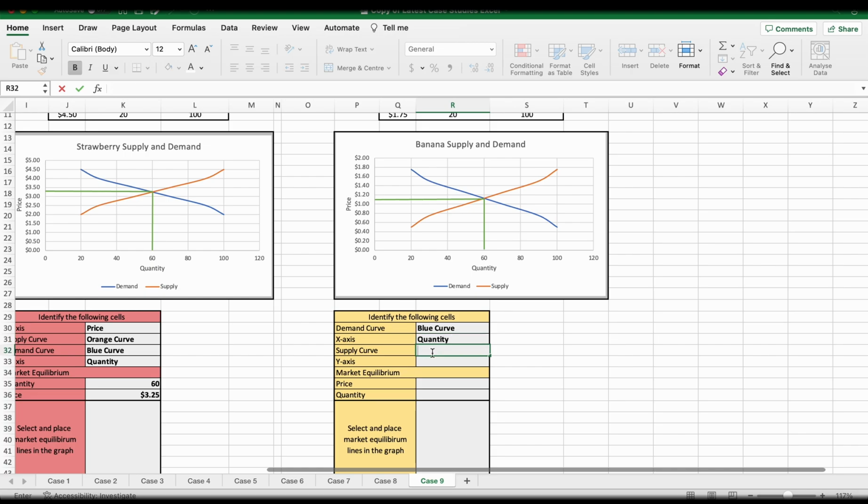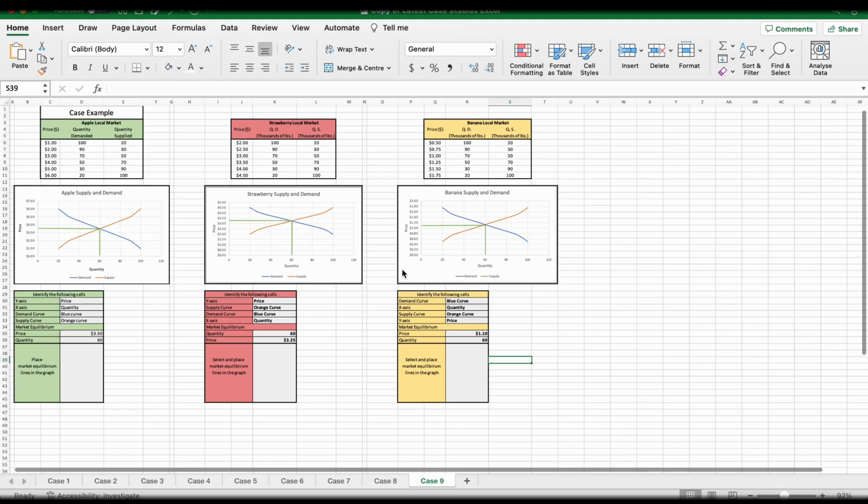Supply curve, orange curve. The Y price. And for market equilibrium, we can say that the price is going to be 1.10 based on the green line, and on quantity it's going to be 60.